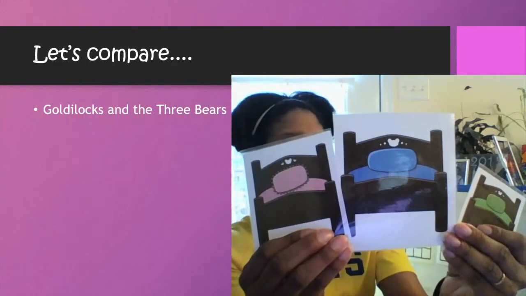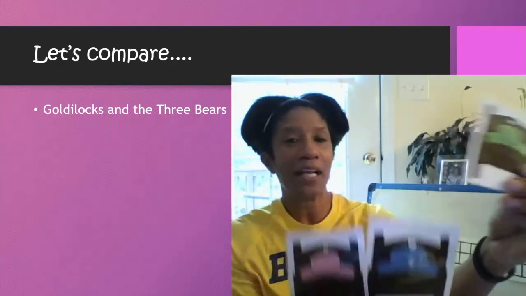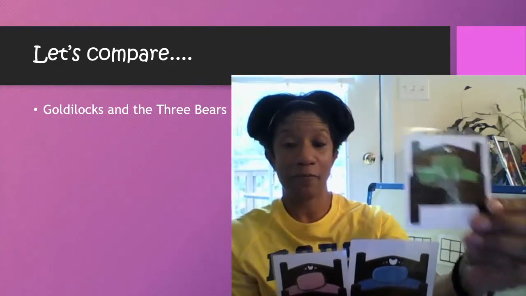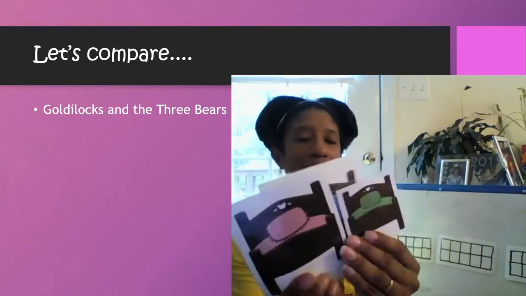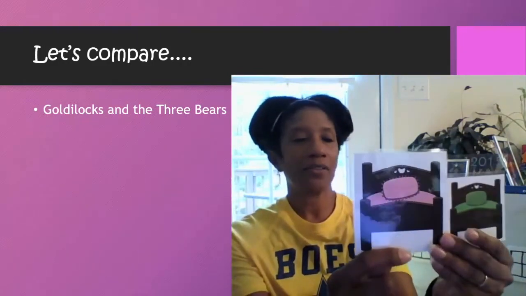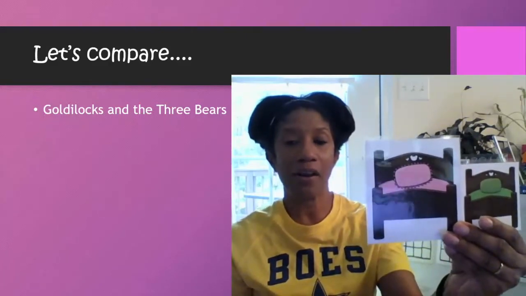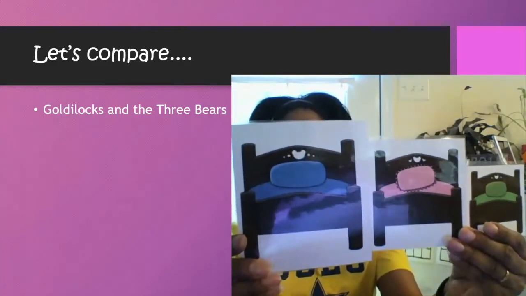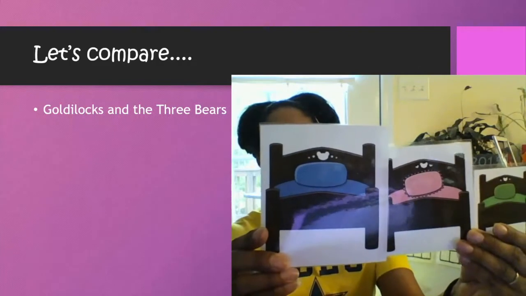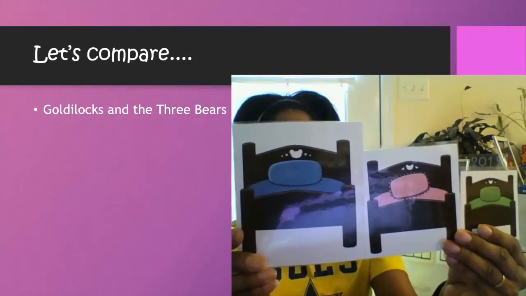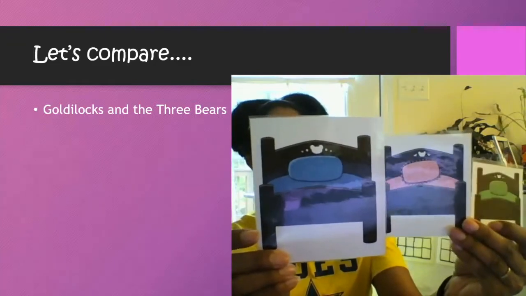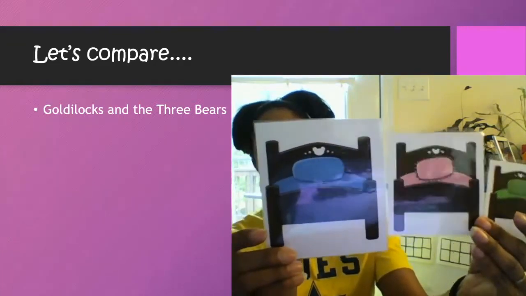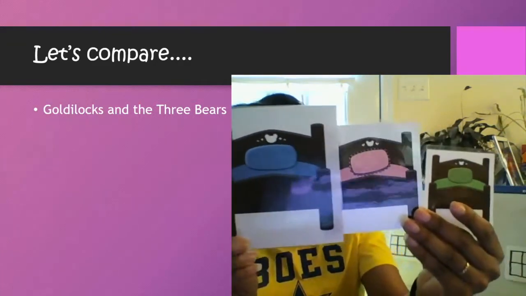Oh, did I hear somebody shout Baby Bear? That's right. So we're going to put Baby Bear's bed first. Then what would be next? That's right, it's going to be Mama Bear's bed. So now we have Baby Bear and Mama Bear, and then we have Papa Bear. So now we have our beds in order from least to greatest, because they're going from the smallest to the biggest.